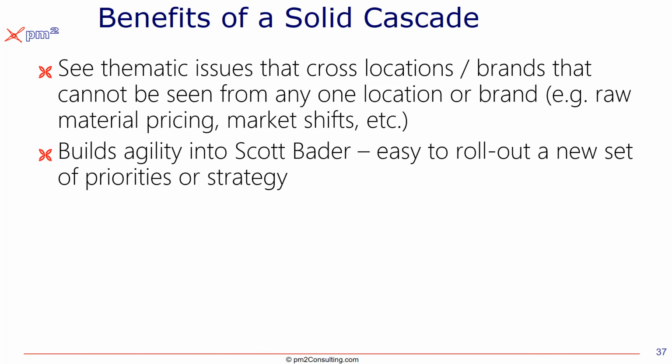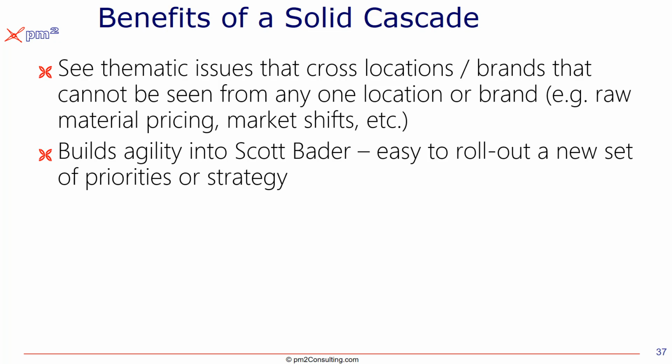Secondly, it allows you to build an agility in your organization because it allows you to develop and roll out strategies or priorities faster than the competition can. And this is particularly advantageous, we find, in industries like yours, where we have significant players like you competing against mega corporations.